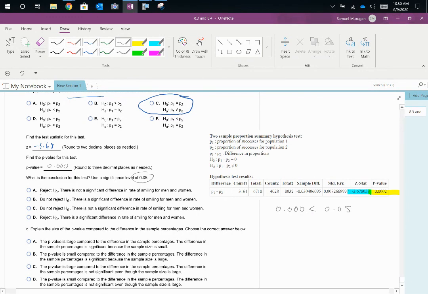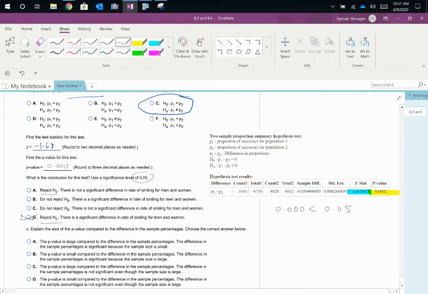And there's two answers that deal with reject. Let's see the explanations. One says there is not a significant difference in the rate of smiling for men. The other one says there is a significant difference. And so because we're rejecting the null hypothesis, we're saying that there is a significant difference in the rate of smiling for men and women.